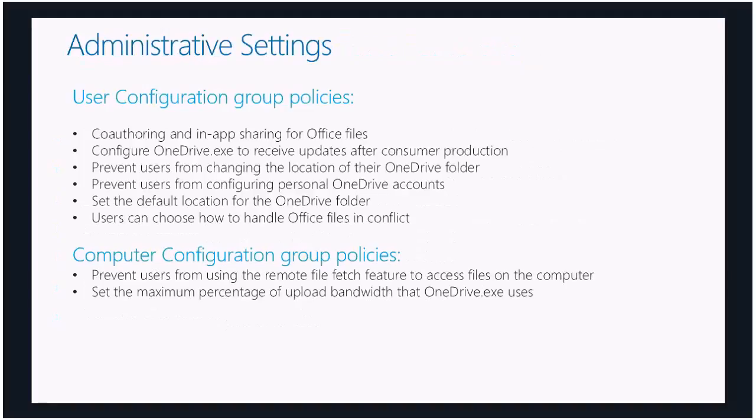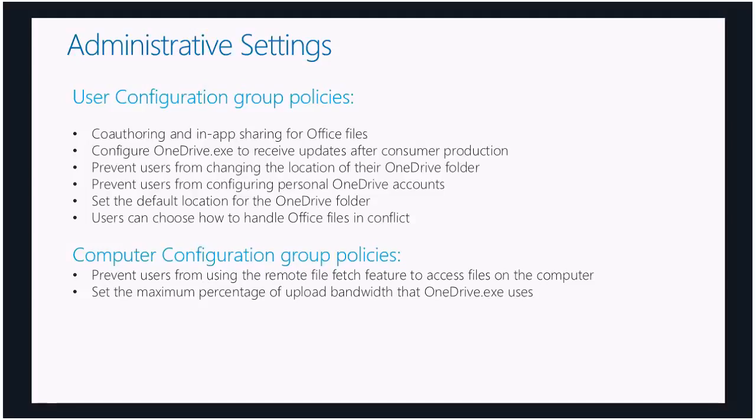So here are some details. These are the available options for our administrators when they deploy OneDrive for Business. We can have these kinds of group policies here, such as co-authoring and in-app sharing for Office files.